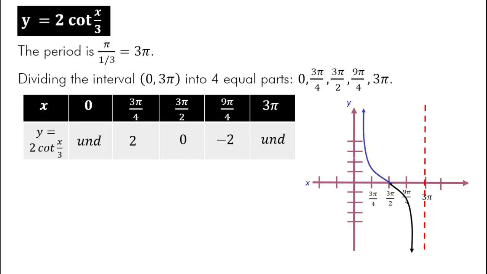So as you can see here, the curve just approaches both asymptotes, x equals 0 and then x equals 3 pi. Okay, this will be the graph of the function y is equal to 2 cotangent x over 3.